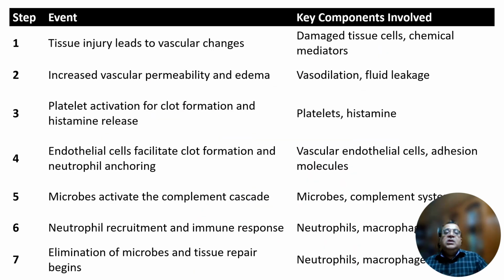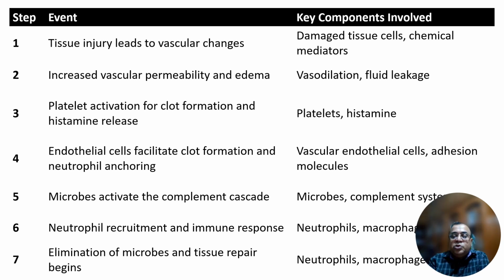So the basic events that occur during inflammation are: first, there is injury that leads to vascular changes, and the key components involved are damaged tissue and the initial chemical mediators. As a result, there is increased vascular permeability and edema due to vasodilation and leakage of fluid outside.